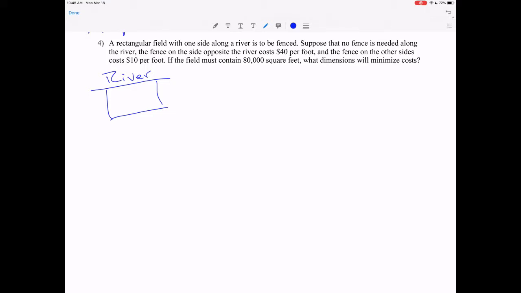If you know that this area equals 80,000 square feet, and you know that this is $40 per foot, and that this is $10 per foot, how much is it going to cost you?